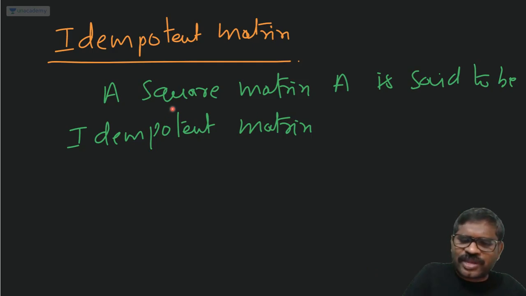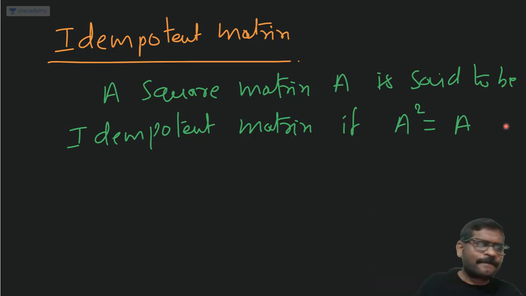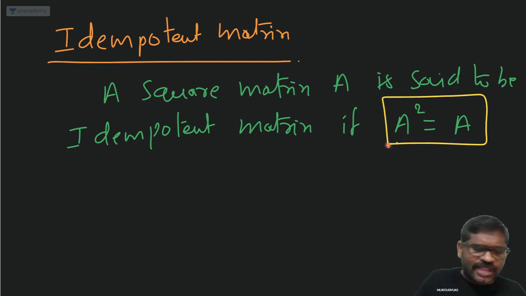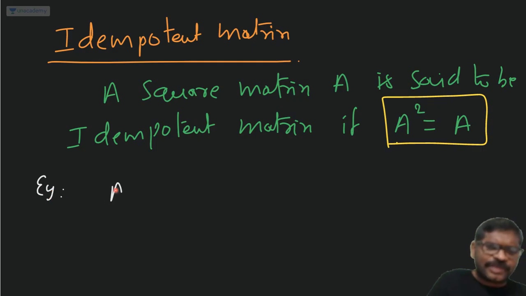A square matrix A is said to be idempotent matrix if A square equal to A. The condition for idempotent is A square equal to A. For example, suppose the matrix is 1 1 0 0.